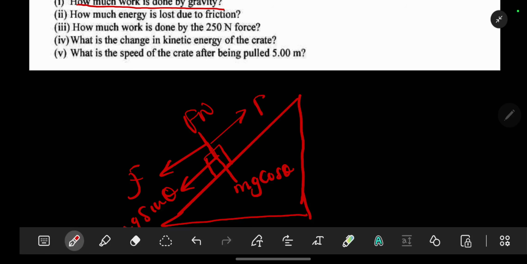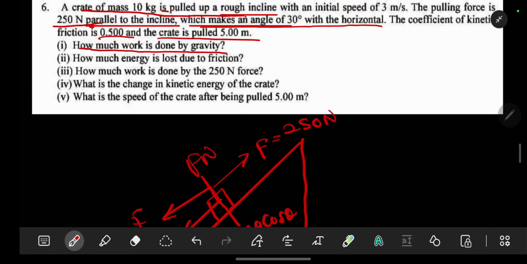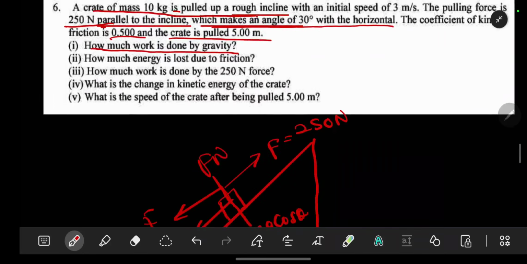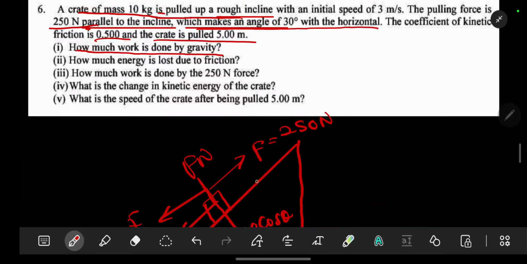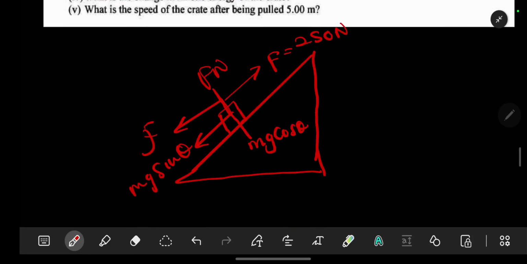The 250 newtons is the one pointing up, since it's the one pulling up, and the frictional force points down. Remember, gravity follows the slope, so this is what you use to calculate gravity always.